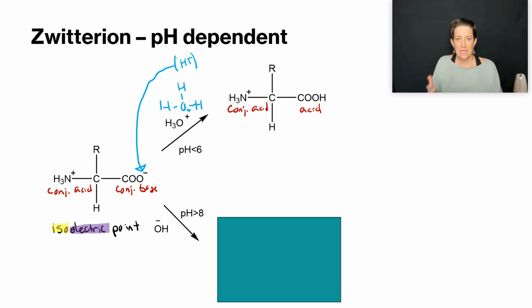Therefore, in this acidic solution, we're going to reform the original organic acid, that carboxylic acid. And the conjugate acid remains because an acid doesn't react with an acid, in case you were wondering. It doesn't happen. So here we now have a positively charged amino acid.